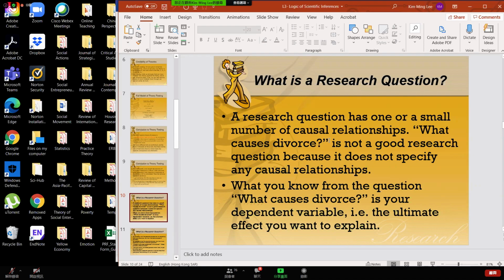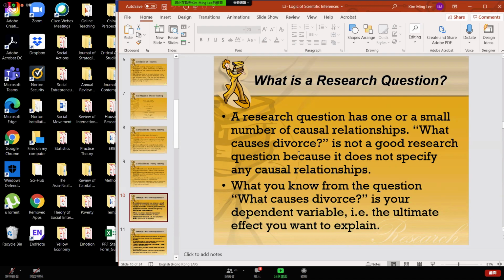Causal relationship, remember at the very beginning, a causal relationship at least involves two variables, an independent variable and a dependent variable. But this question, what causes divorce? It's just a topic, it's okay. But what you lack is an independent variable. You have the dependent variable, divorce, but you don't have any independent variable.